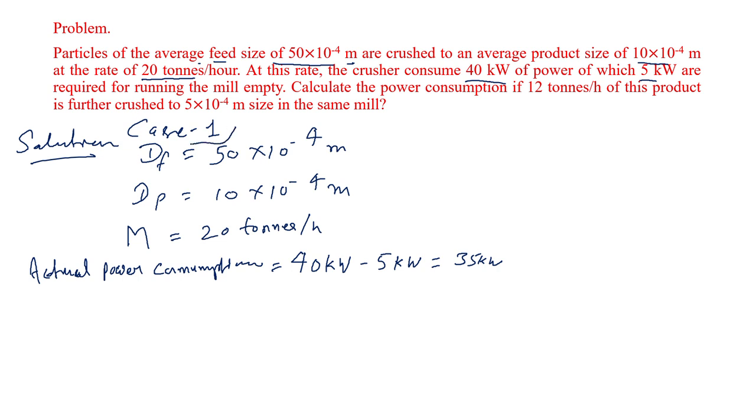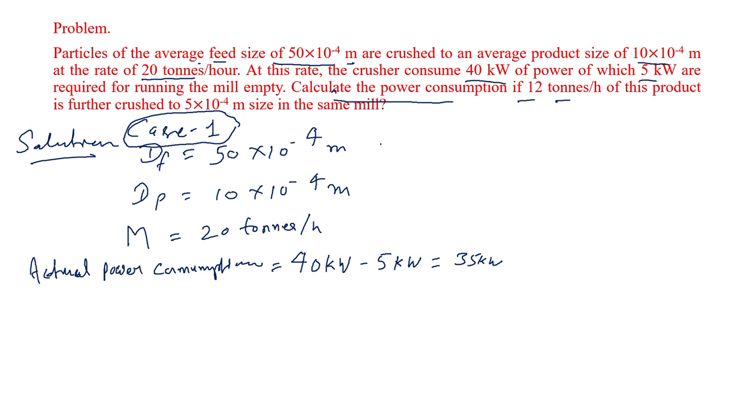In this first case, this data is given. So how can we calculate this? Here we can apply Rittinger's law. The problem says to calculate the power consumption if 12 tons per hour of the product is further crushed to 5 into 10 to the power minus 4 meter size in the same mill.